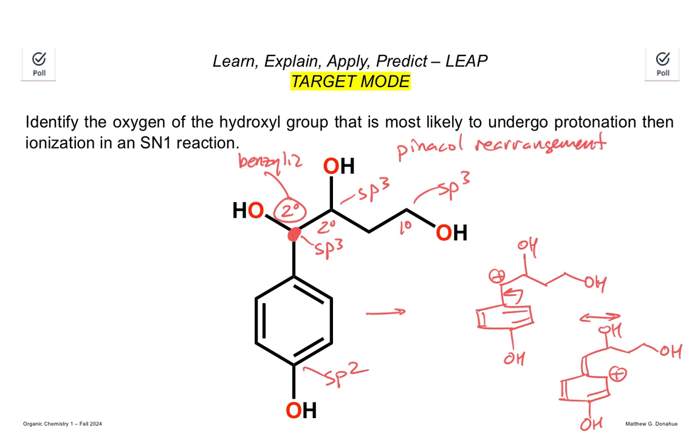It's called a pinacol rearrangement. So when you have this situation where you have two alcohols right next to one another, that's called a pinacol. And so yeah, you could protonate a less favorable one and then get a shift. So that's its own named reaction. I would say it exists, but it's sort of beyond the scope of this material.